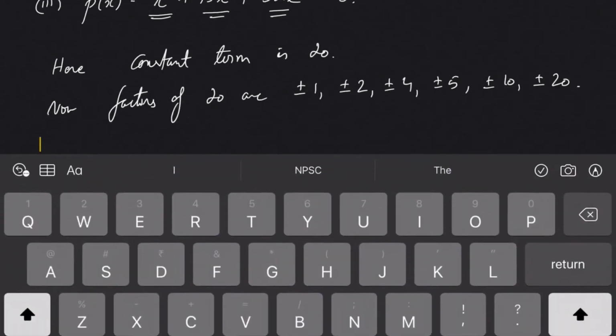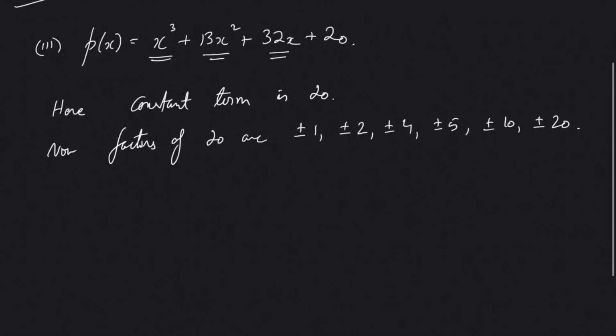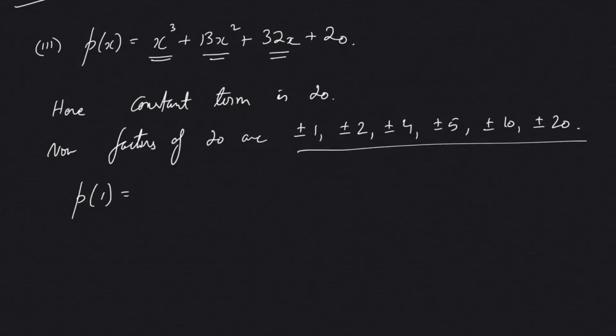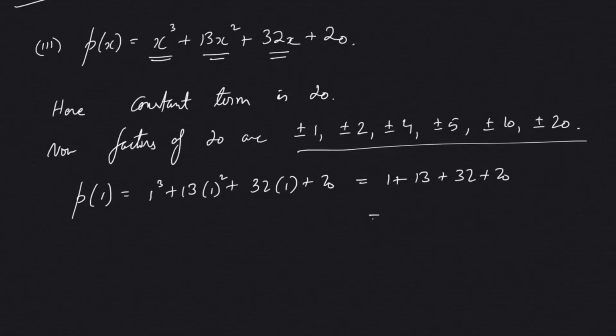Now after doing that, what you will do is find out the value of the polynomial at all these constants, like we will try to get at least one zero of this polynomial using these factors. So let's try 1: 1 cube plus 13 into 1 square plus 32 into 1 plus 20. I'll just do this directly now because we have already done a lot of exercises. That comes to 66.